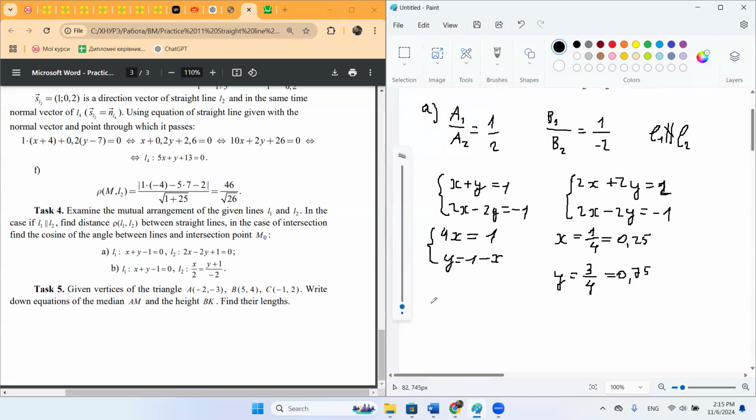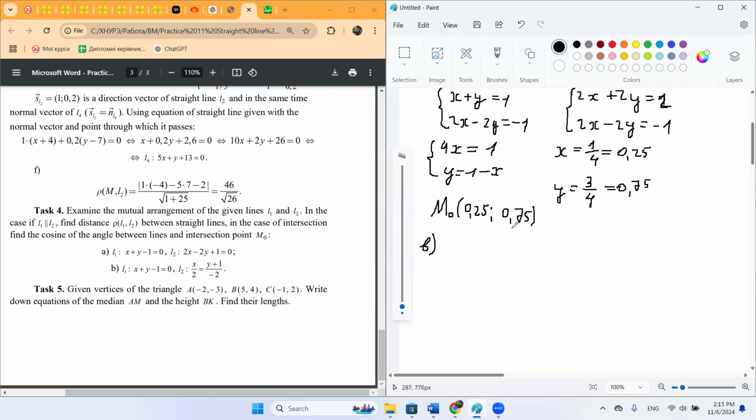Okay, so here is M0 with coordinates 0.25 and 0.75, but we can write it like a regular fraction, non-decimal.